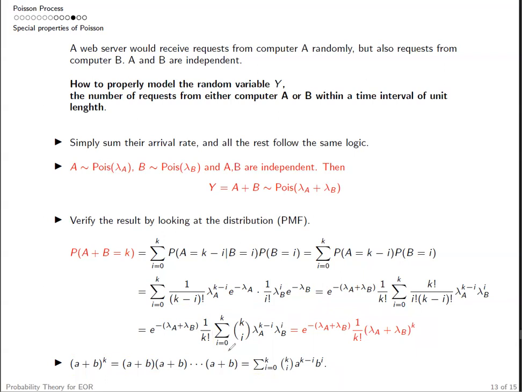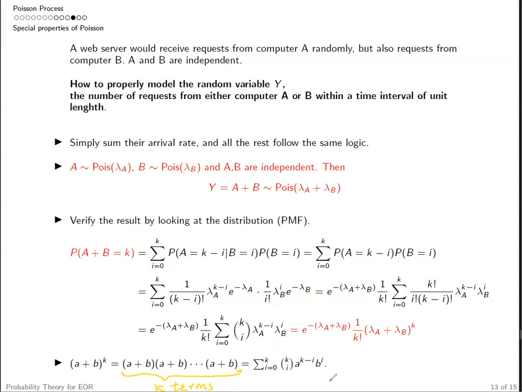Okay. To deliver the final results, indeed, we make use of a result involving binomial coefficients. This is a well-known identity, and we have a very nice story proof for this one as well. So a plus b to the power k is essentially k terms of a plus b, and they multiply together, right?